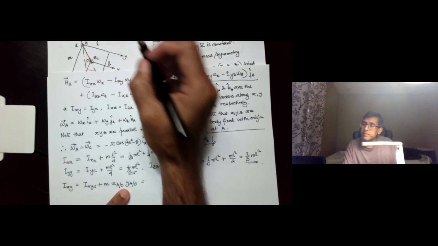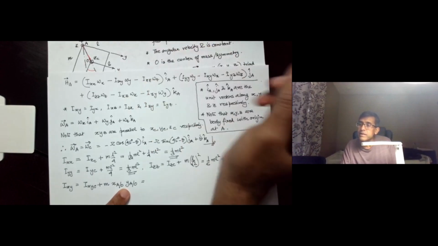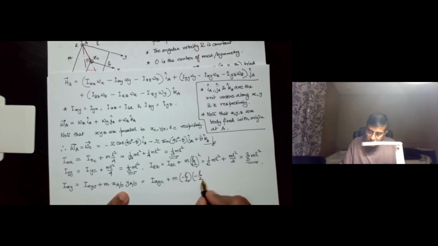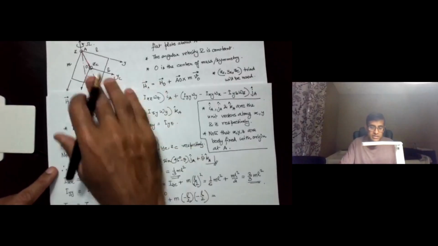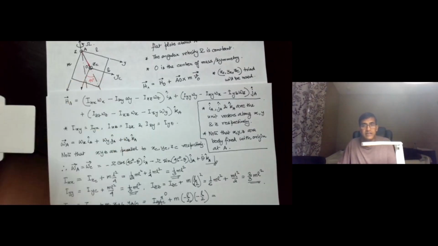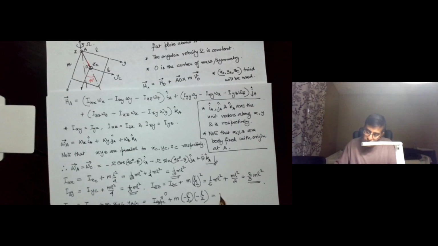So the net is Ixyc plus m into negative L over 2 times negative L over 2. Now Ixyc is 0, because about the center of mass, if you take the axes of symmetry, which are these xc and yc, the products of inertia are 0. So you have m l squared over 4.